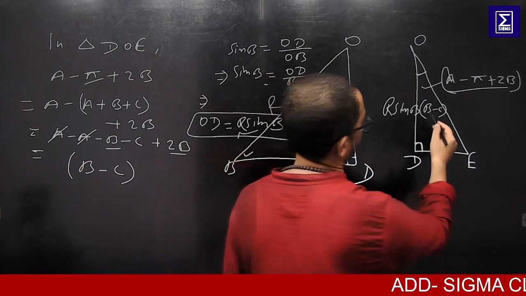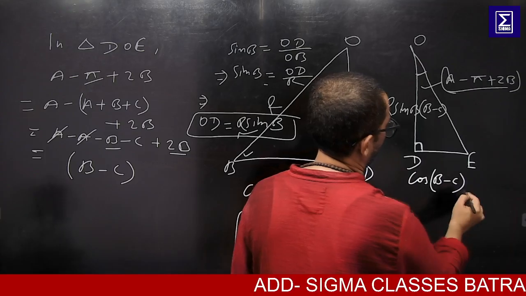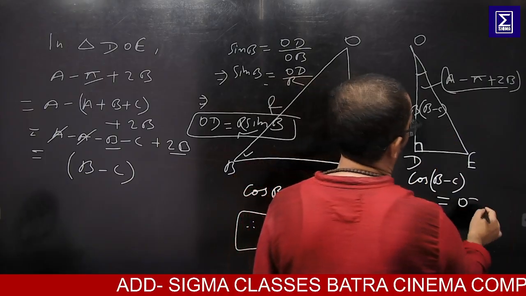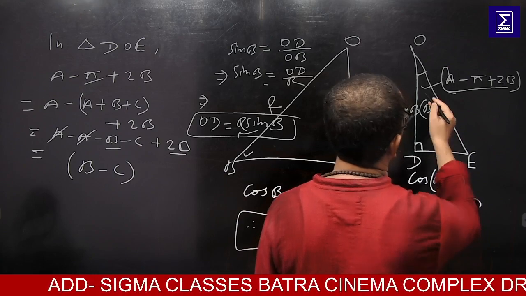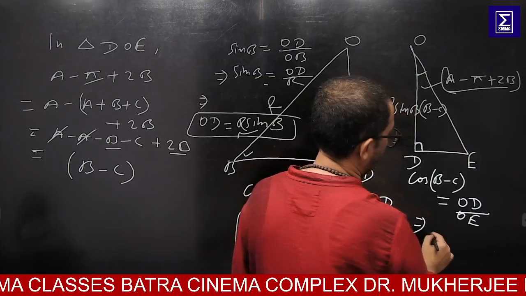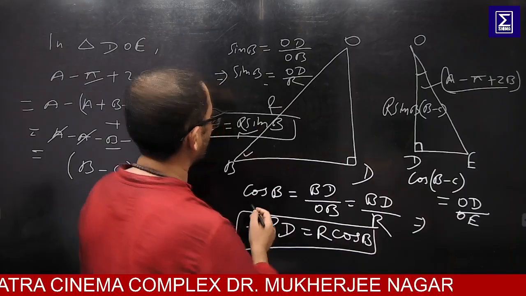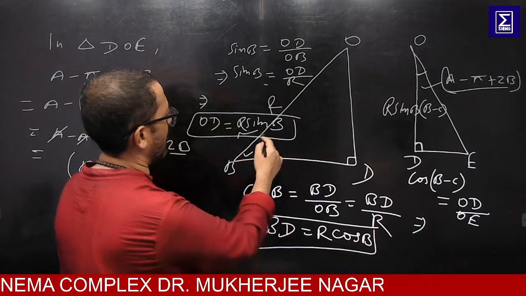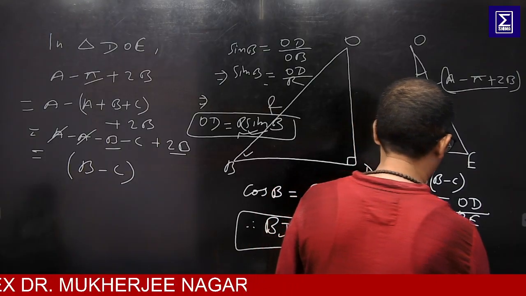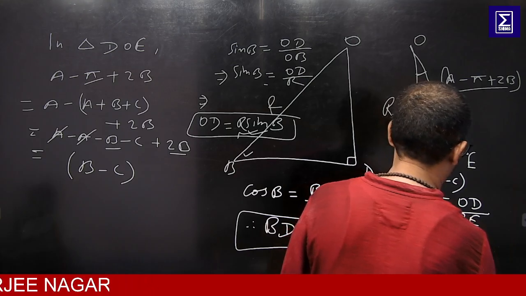So here if you take cos B minus C, that is nothing but OD upon OE. And what is OD? OD just now we got it here. OD is R sin B. So you put here cos B minus C is equal to R sin B upon OE.